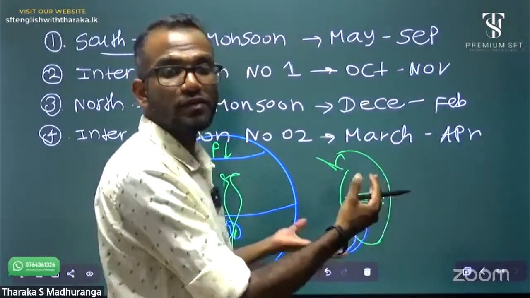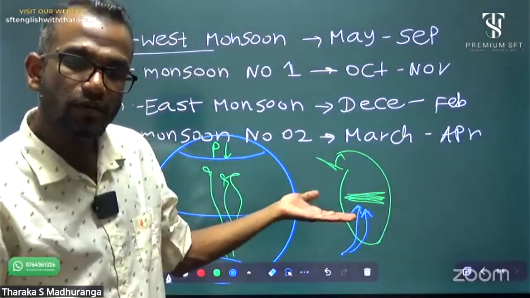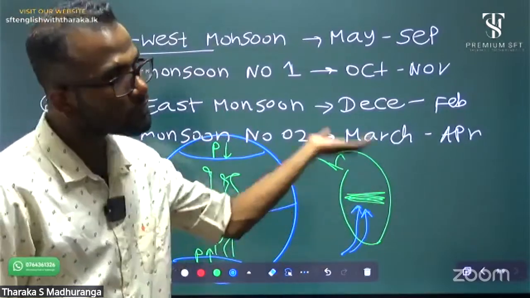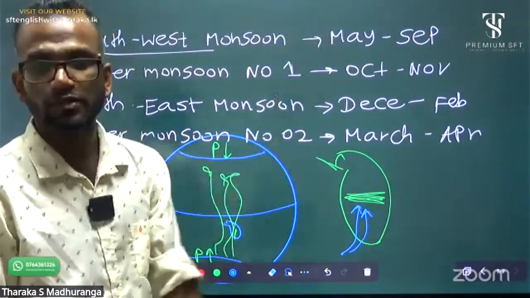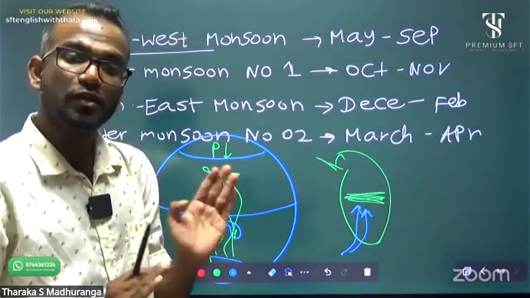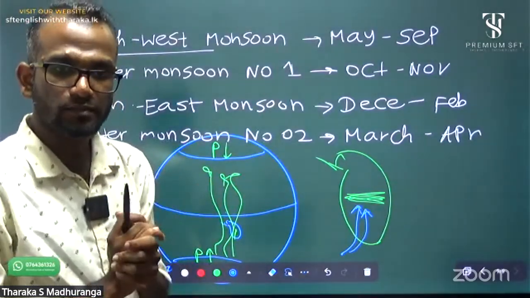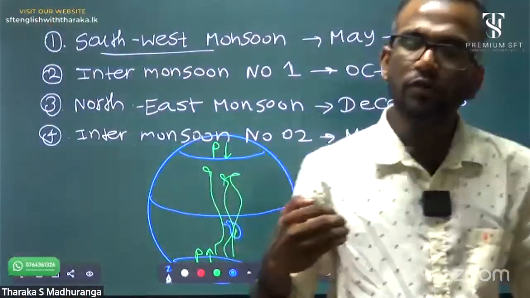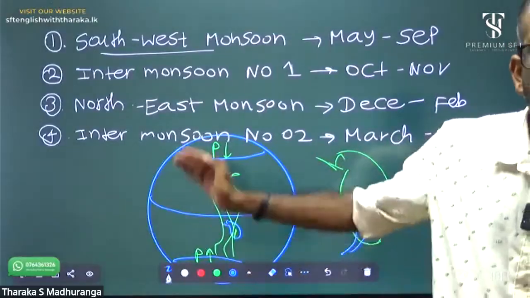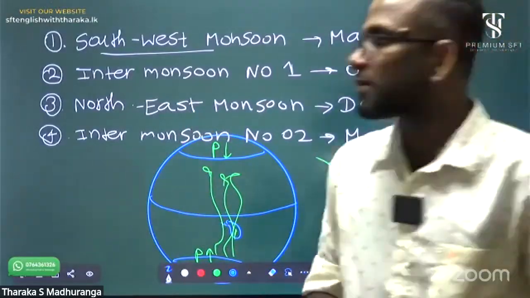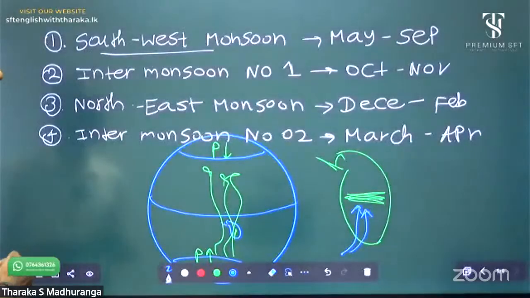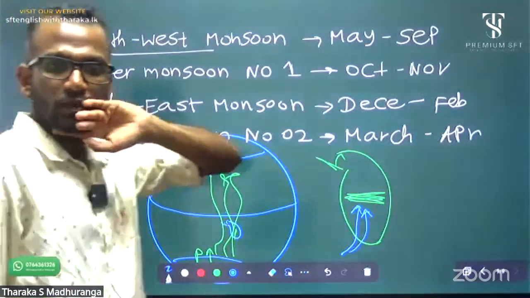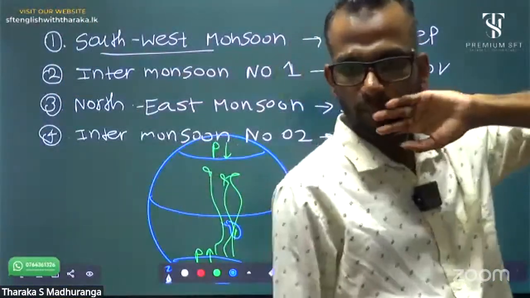Due to that, the water vapor contained in this wind flows up and forms clouds. They are monsoon rains. They are not related to convection. It is completely due to the monsoon, the pressure difference of the earth. Okay, understood. It is the southwest monsoon.